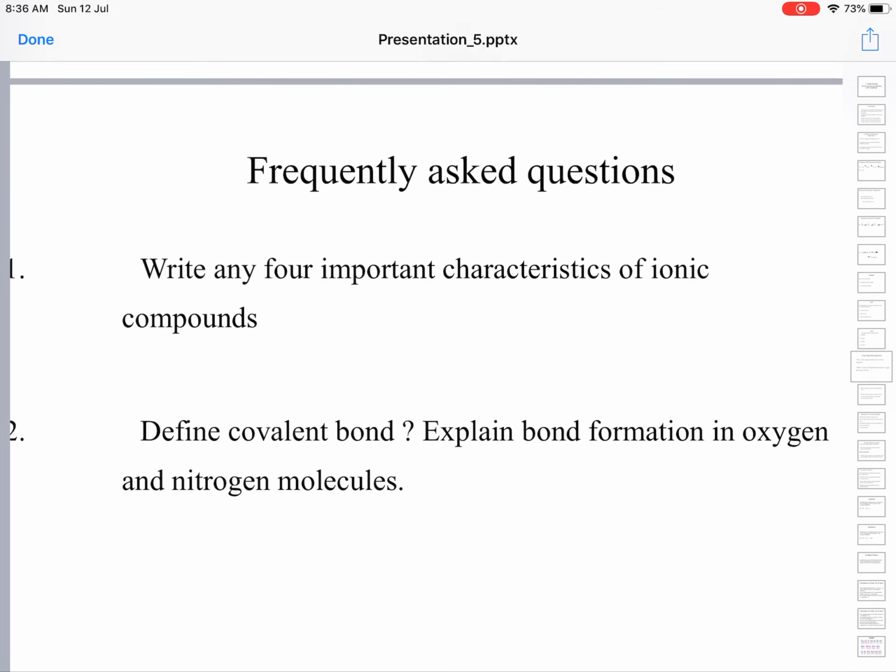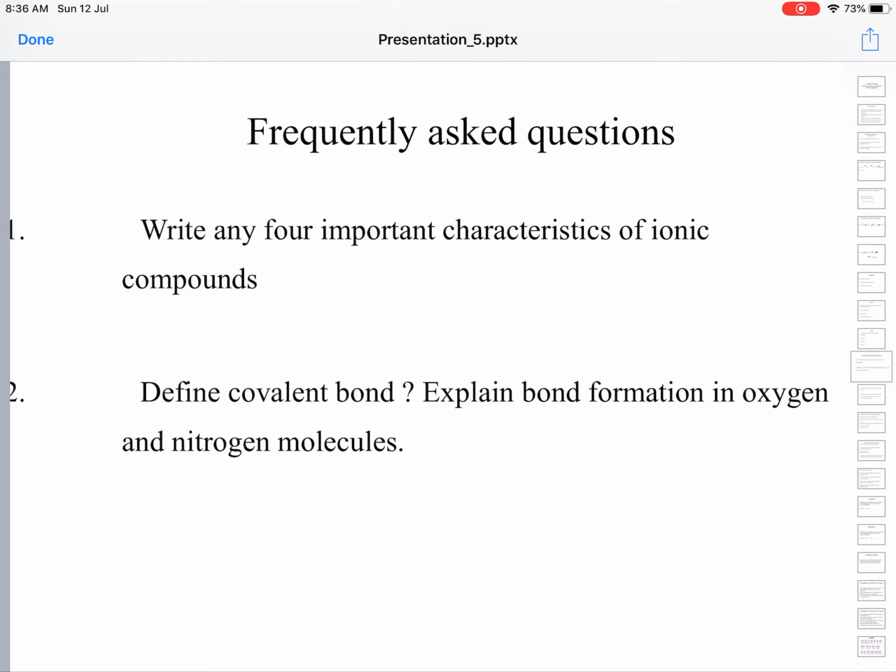From this chapter, frequently asked questions in your examination are: write any 4 important characteristics of ionic compounds, define covalent bond, and explain bond formation in oxygen and nitrogen molecules. In covalent bond formation, you have to write the electron configuration and show the number of unpaired electrons.